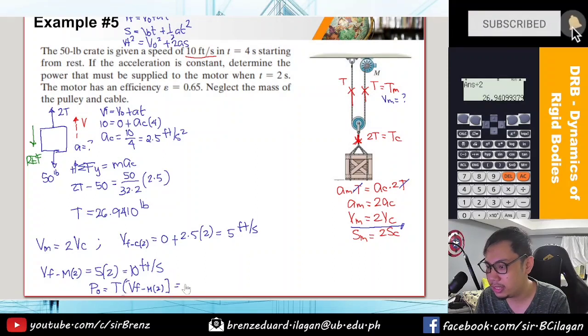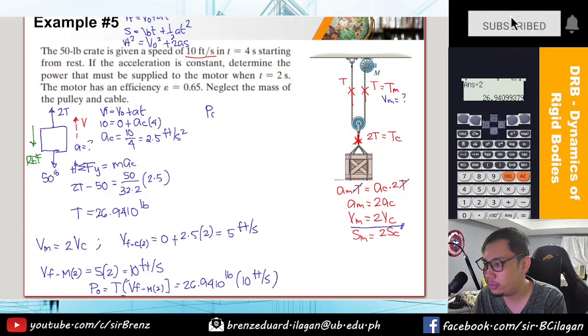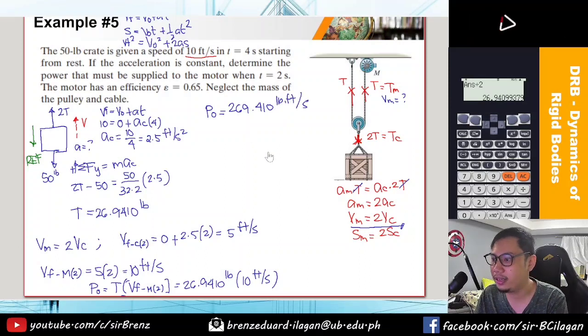Or that is equal to 26.9410 pounds, multiplied by 10 feet per second. So the power output is equivalent to 269.410 pound feet per second.